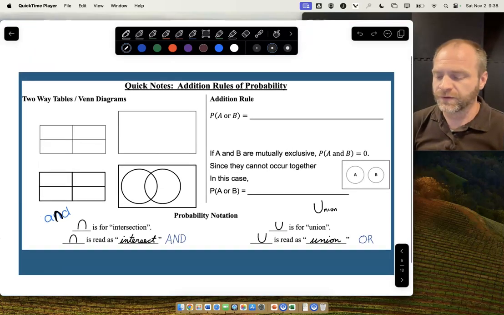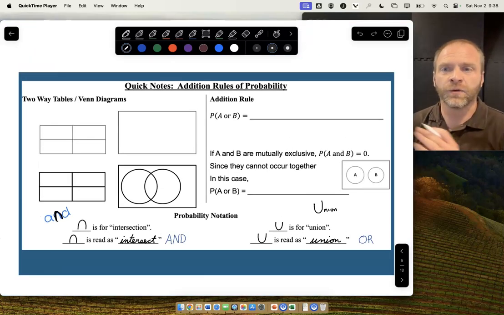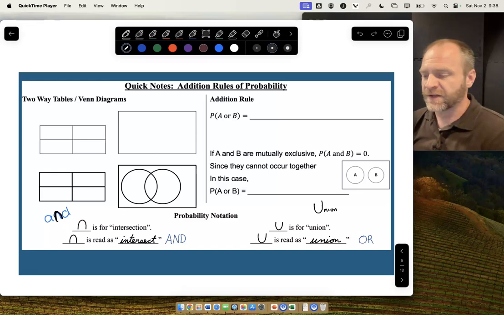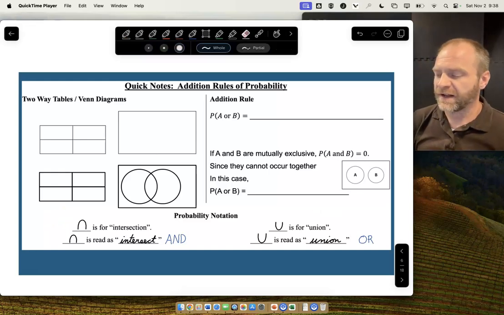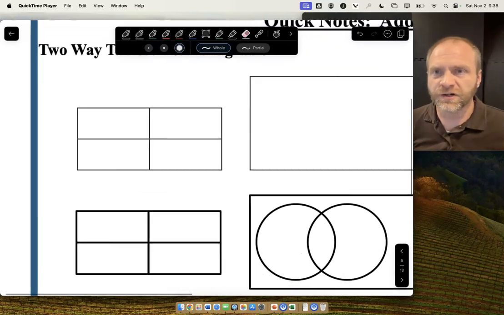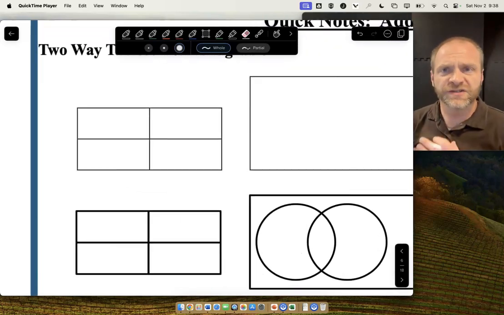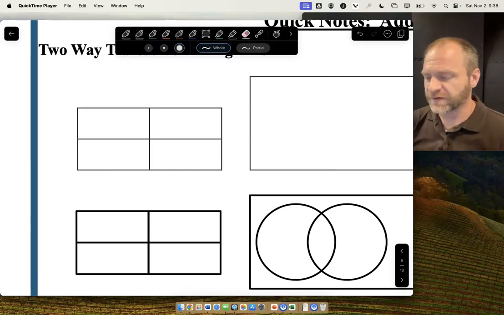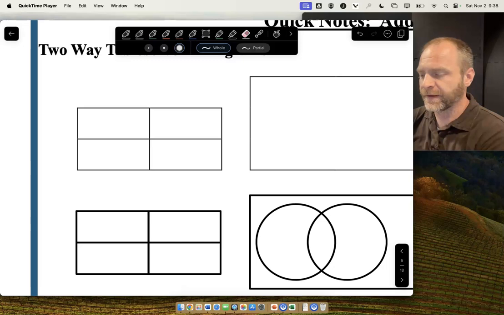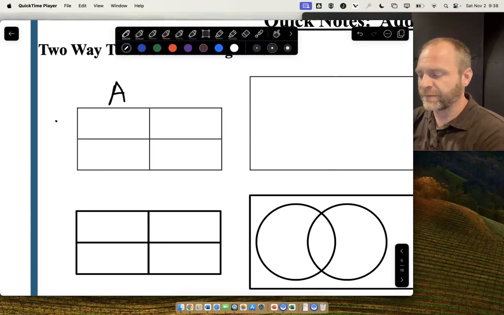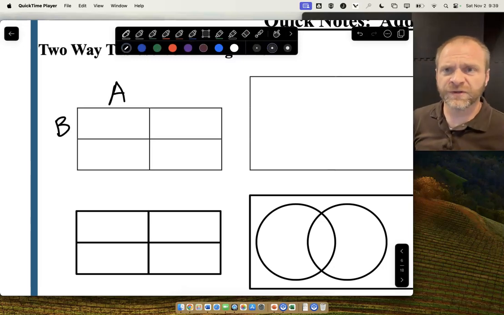And so those are our rules that we're looking at, and we're trying to now organize it all with information. So let me give myself some space here and remove this and remove this. And let's focus on labeling our two-way table just with our notation. So if I look at it first, I'm going to put A right here. I have the probability of event A and I have the probability of event B. So we have that set.